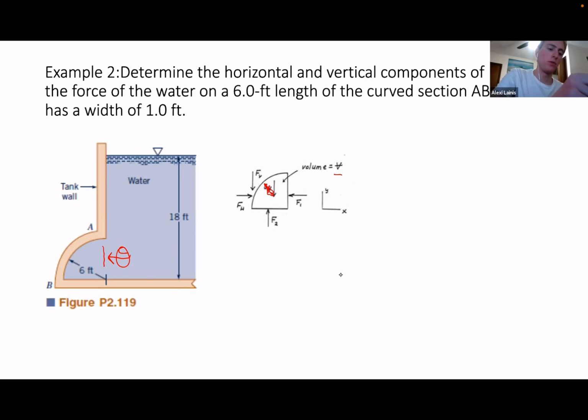We have force 1 that's pushing in horizontally from the side. We have F2 that's pushing vertically up, and then we have force horizontal that's pushing sideways, and force vertical that's pushing down on this side of the surface. So, that force of the water pushing this way exists, but that's going to be incorporated in our FH and our FV, if that makes sense.